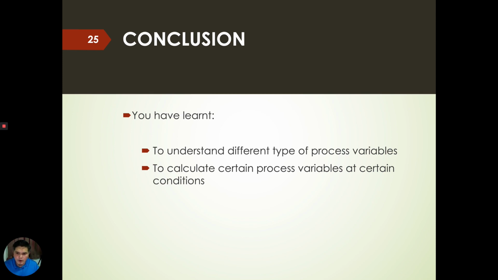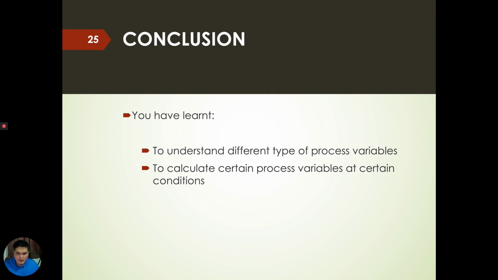There are different ways of expressing concentration, such as molar concentration, mass concentration, molarity and molality, and you need to differentiate between those two. And then you learned about pressure. There are many types of pressure, which are gauge pressure, absolute pressure, and atmospheric pressure, so you need to differentiate the differences between these types of pressure.